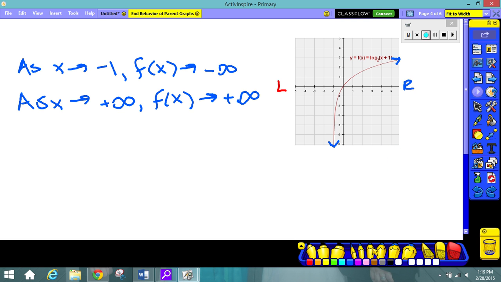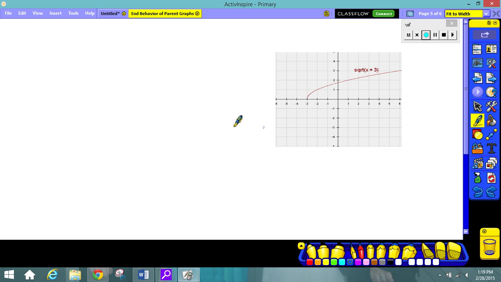Let's take a look at another graph. Hopefully you recognize, according to the equation, that this is a square root graph. And it happens to be the square root of x plus 3. It's a square root graph. It too has an end.